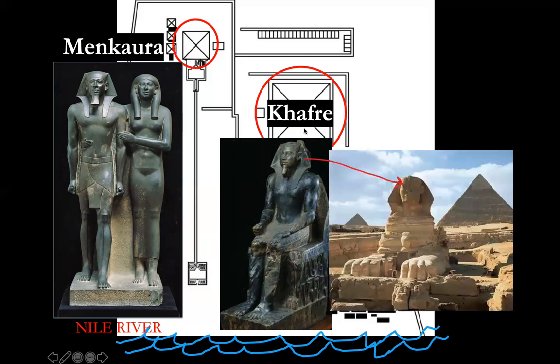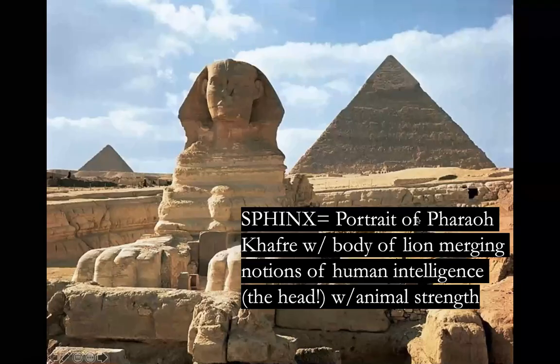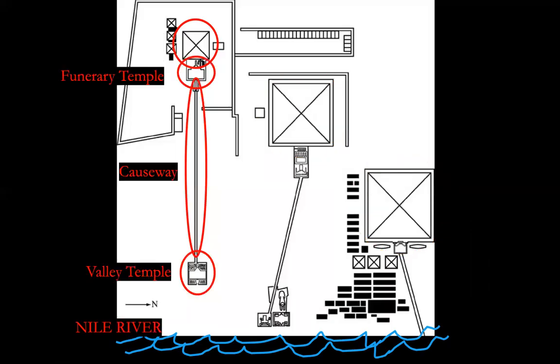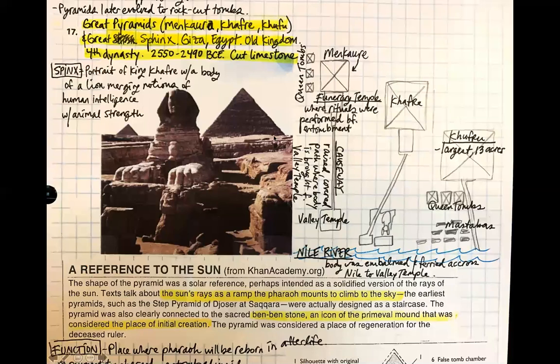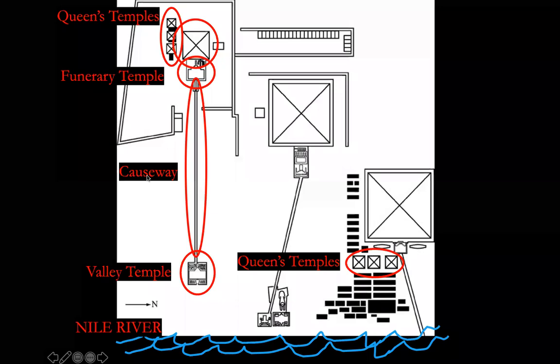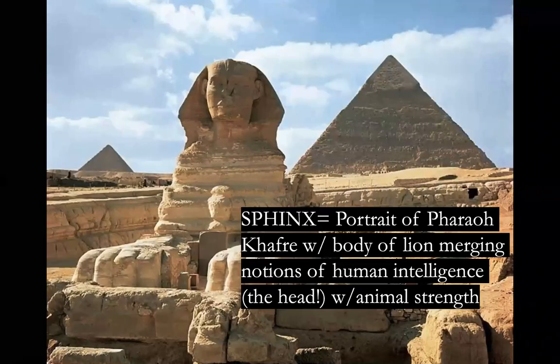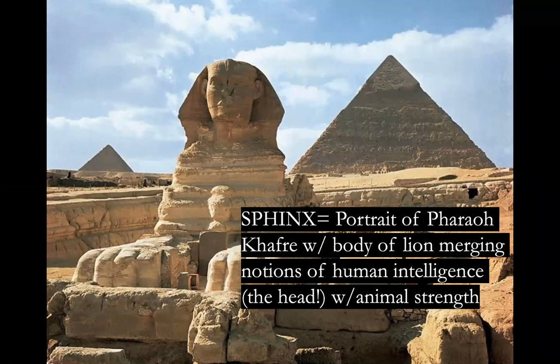Oh, also Khafre, that is a portrait of him in the Sphinx. So I wrote this. Let me see if I can show you a picture. No, right there. So I wrote my information about the Sphinx just right above and inside the picture of the Sphinx. So the Sphinx is a portrait of Pharaoh Khafre with the body of a lion, merging the idea of human intelligence, which is housed in the head, combined with animal strength.